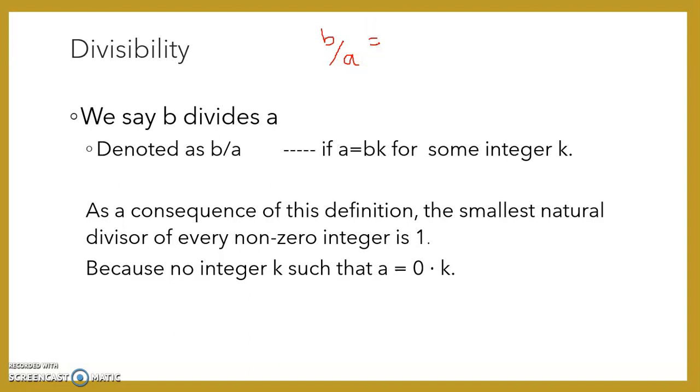Where a is your divisor. Okay, I'm sorry, b is the dividend, a is the divisor, and whatever result you get out of this will be your quotient, and then you will get a remainder. Okay, so we will represent it as r.